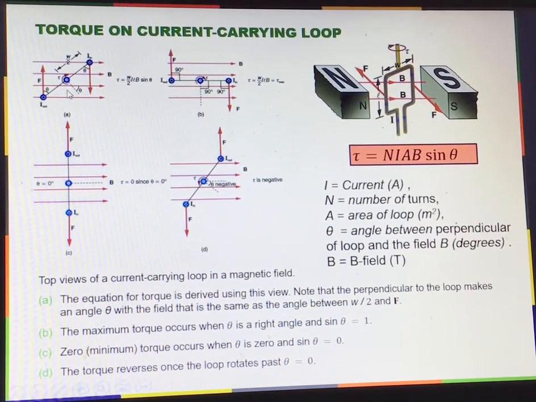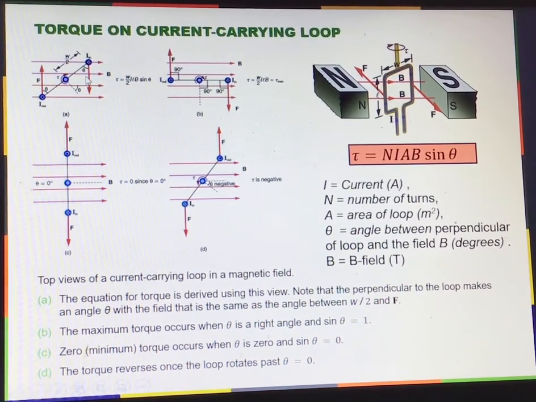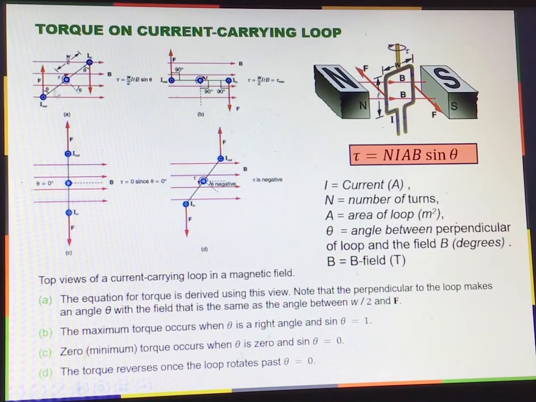What you see on the left side here is just different orientations. These are like snapshots. As this loop is rotating inside the magnetic field, the orientation is going to change. This is the general orientation right here, where the magnetic force is going to be pointing at some angle. In this example right here, this is when you have the maximum value of the torque.